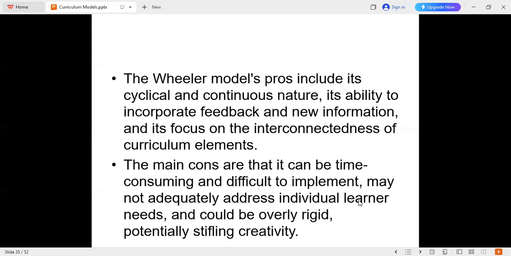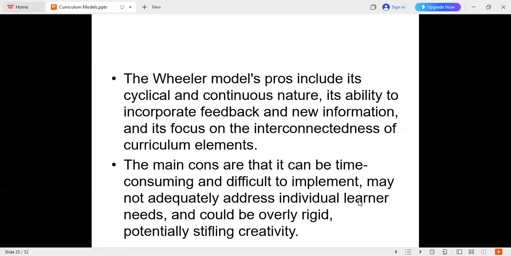The main cons are that it can be time consuming, even for the second we saw that, time consuming and difficult to implement, may not adequately address individual learner needs, and could be overly rigid, potentially stifling creativity.